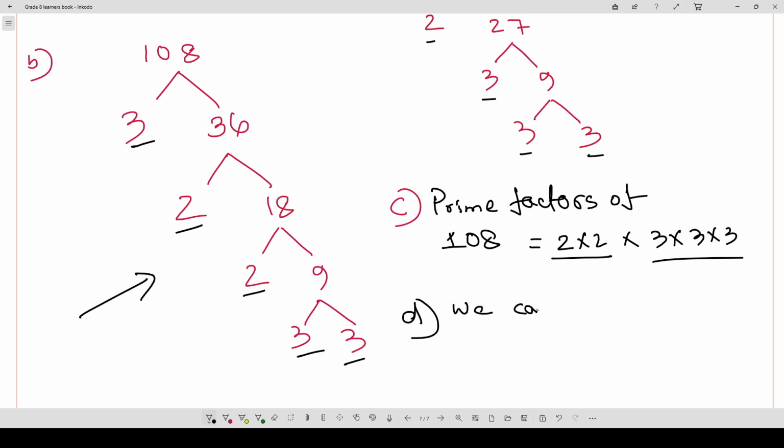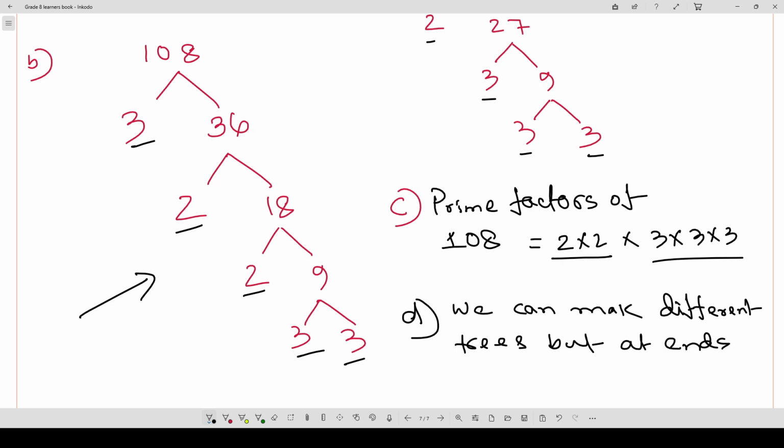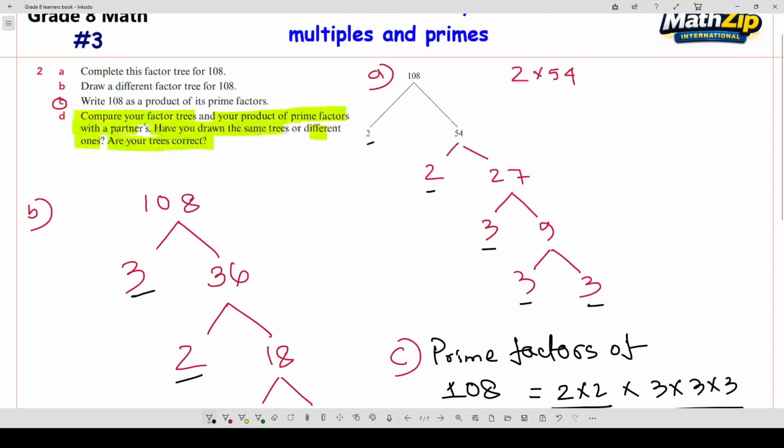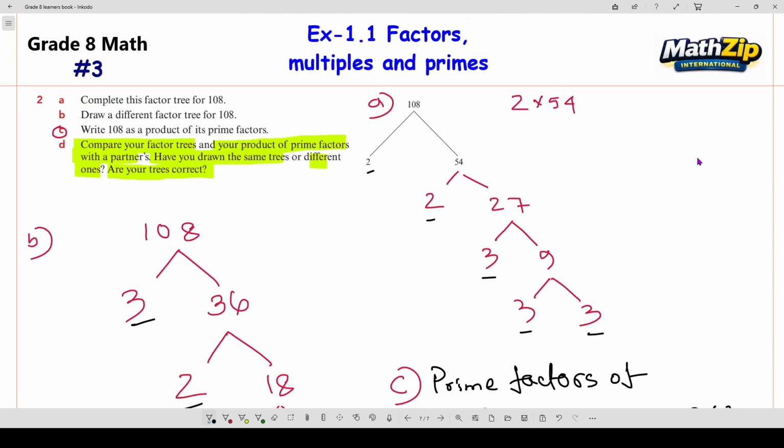We can make different trees but at endpoints, like 2, 2, 3, 3, 3, will be same. Okay, so question 2 done.